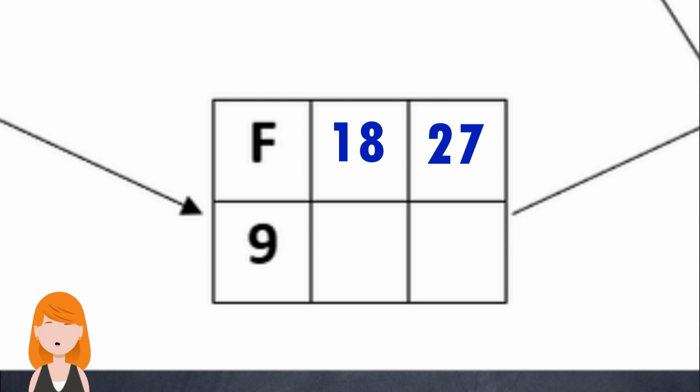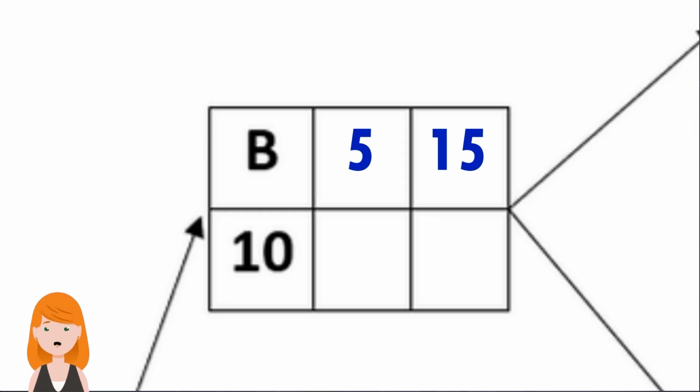Activity F also has one successor, H. Therefore, the latest finish time will be 27, and the latest start time will be 18. B has two successors, D and E. The minimum of their latest start times is 19.